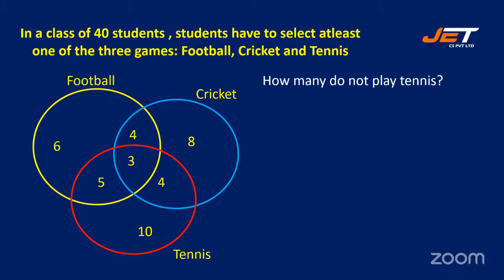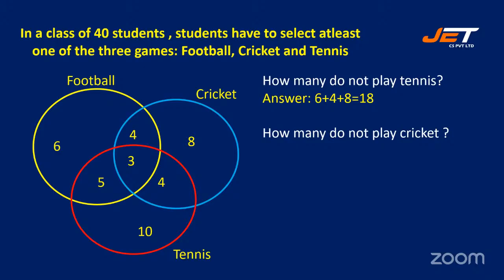Right. How many do not play tennis? We should not include the tennis circle. So 6 plus 4 plus 8. How many do not play cricket? You should not include cricket. So 6 plus 5 plus 10.